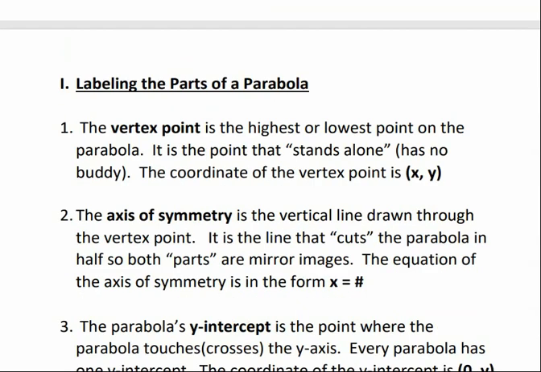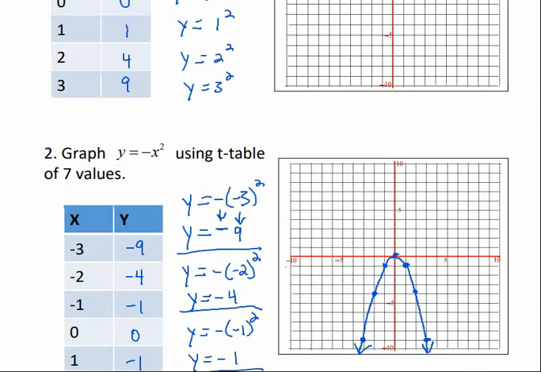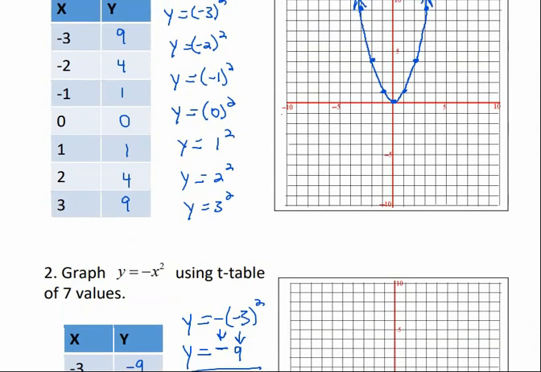Now, to label the parts of a parabola, the vertex point is the highest or the lowest point on the parabola. It stands alone and there's no buddy. So we haven't talked about the buddies yet. If we look here at either one of these, the very middle point, or the vertex point, stands alone. But then as we move away from the vertex point, if you'll notice, these y values are the same.